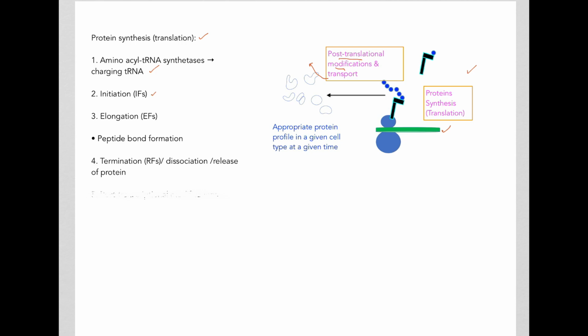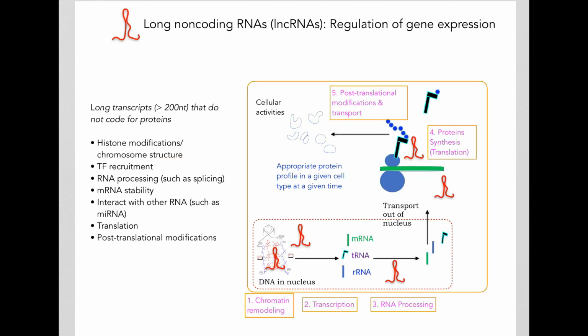Protein synthesis requires initiation factors, elongation factors, release factors, and so on. So any one of these proteins that are involved in these steps can be regulated in order to control the concentration of an enzyme in the cell.